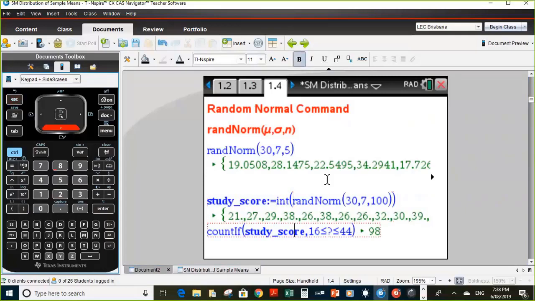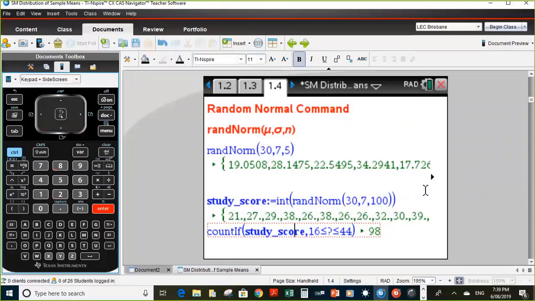That's shown in this last math box here, where I've used the COUNTIF command. So we want to COUNTIF study score that lies between 16 and 44. That question mark you see there is acting as a placeholder. And so in the current set of data, we've got 98 values lying between 16 and 44.